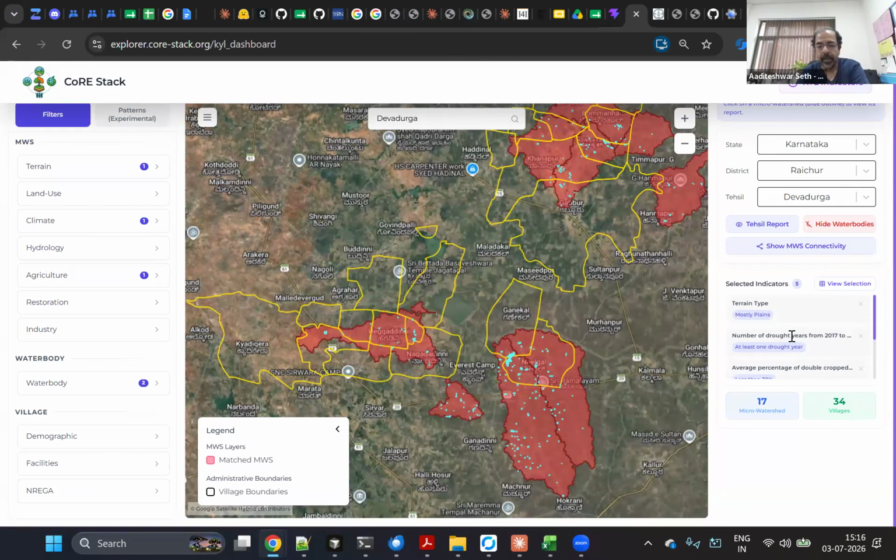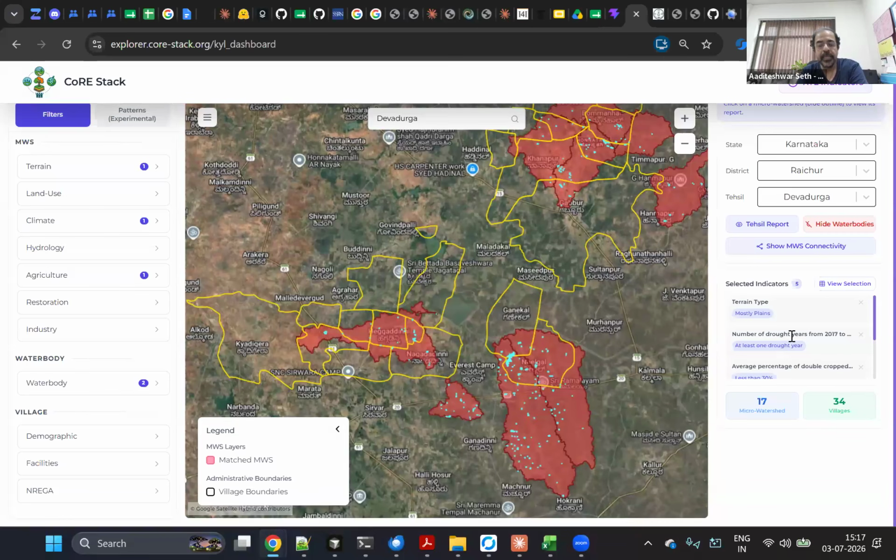But can you also somehow capture this knowledge that is sitting in the expert's head? What combination of variables means that this area is in groundwater stress? What combination means that this area is mostly rain-fed agriculture and is very sensitive to delayed monsoons?